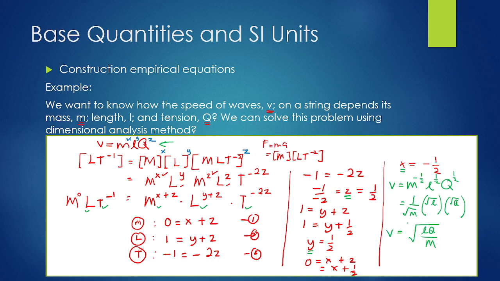Okay, so this is the end of the result. So v equals the square root of LT divided by m. So the left side and the right side are equal. This is how the physicist creates their own formula by seeing what factors or variables affect the equation.